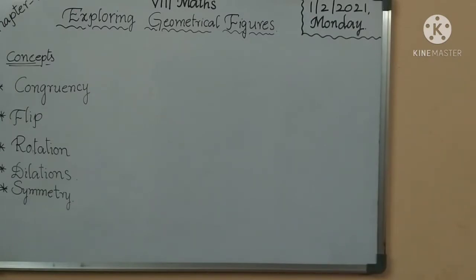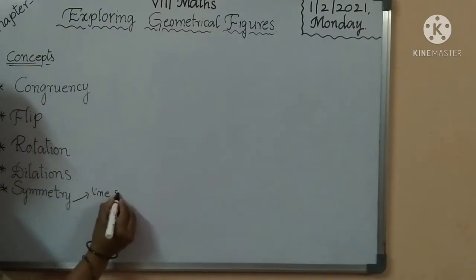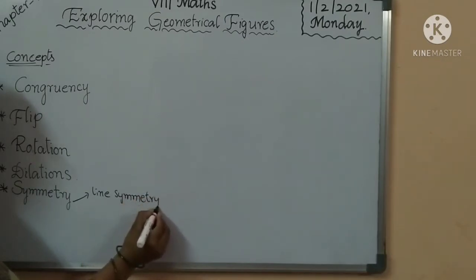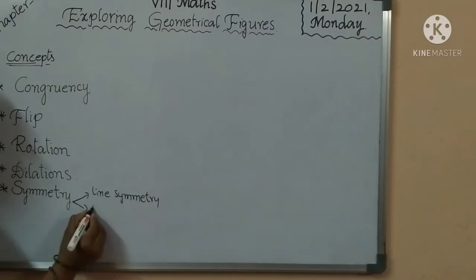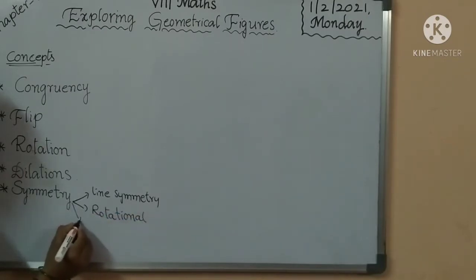The first one is line symmetry, then rotational symmetry, and point symmetry.